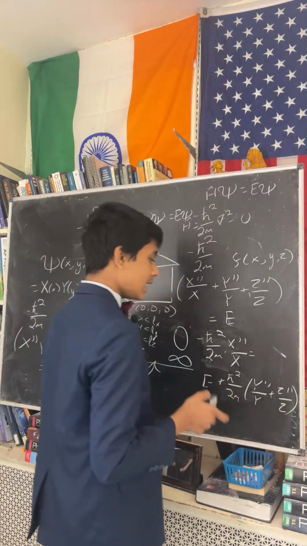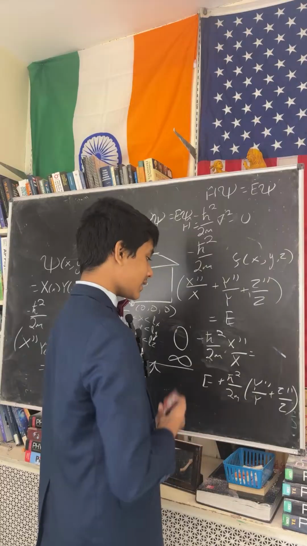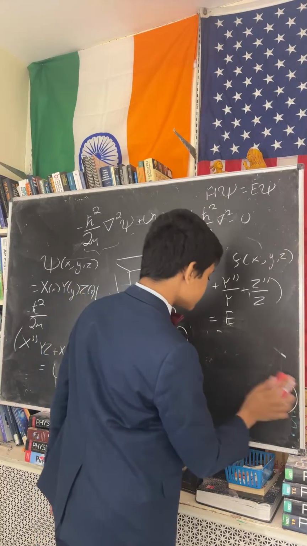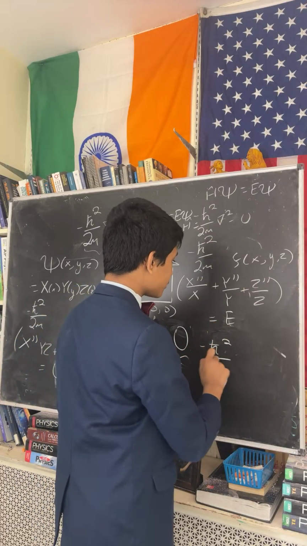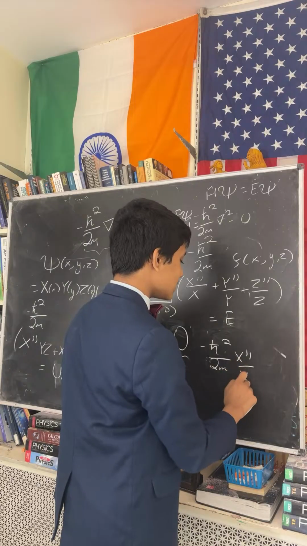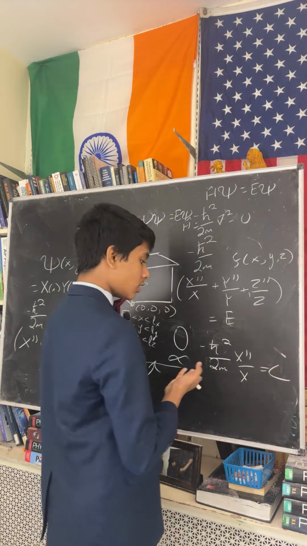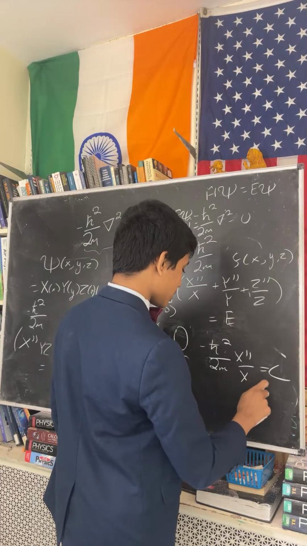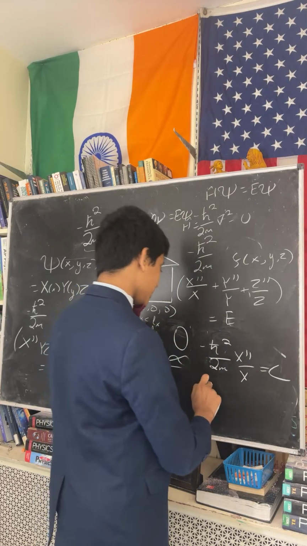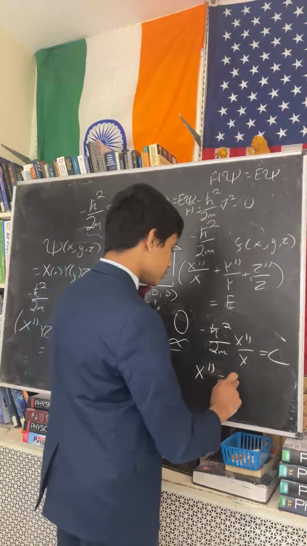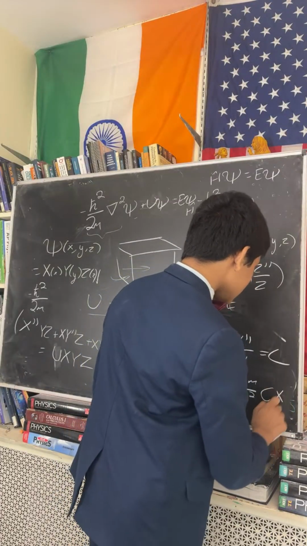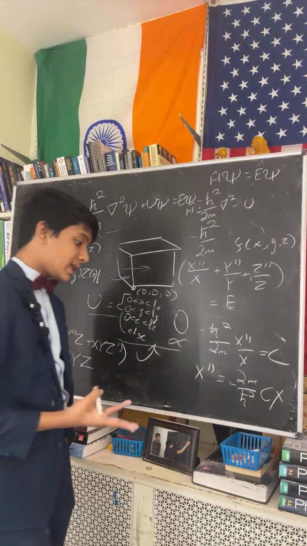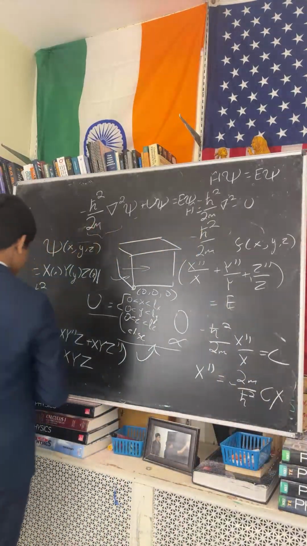By cyclic permutation, you can also make sure Y is a constant and Z is a constant. So that means all of these terms, minus h bar squared over 2m X prime prime over X, is equal to a constant, all of these are constant and equal to one another. So I'll just leave it the way it is. So we get that X prime prime is equal to minus 2m over h bar squared times C X. So what that tells us is that, here's what we're going to do.